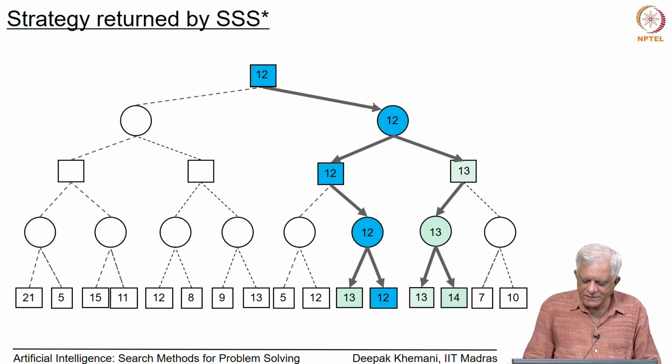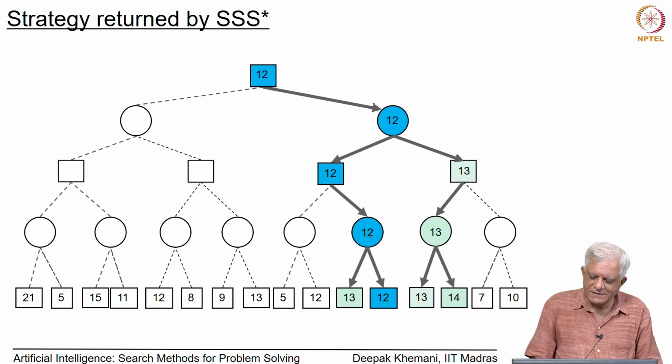The value is 12. The dark green nodes show the path that is expected to be followed in the game, because min has two options 12 or 13, and we have already seen that it is not going to be interested in 13, it will choose 12.